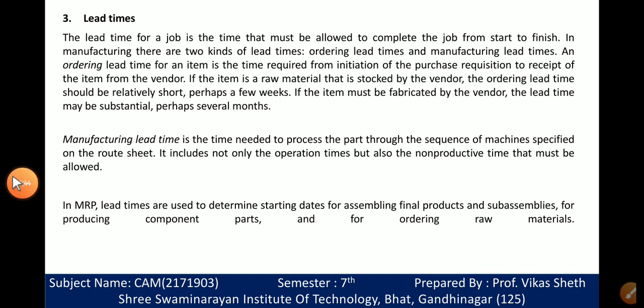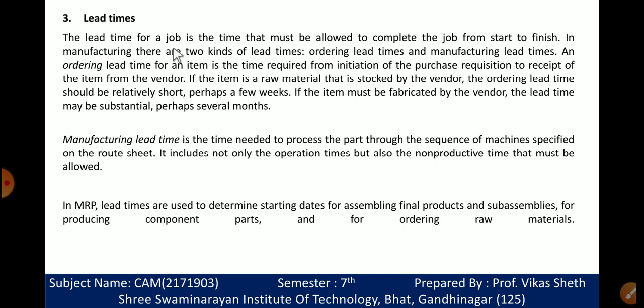In the next slide we learn lead time. So the lead time for a job is the time that must be allowed to complete the job from start to finish. Okay, in previous slides we many times learned about the lead time. What is lead time?